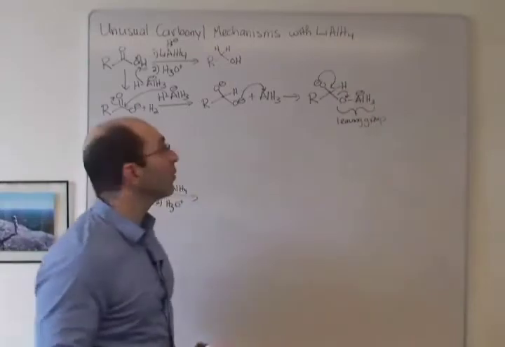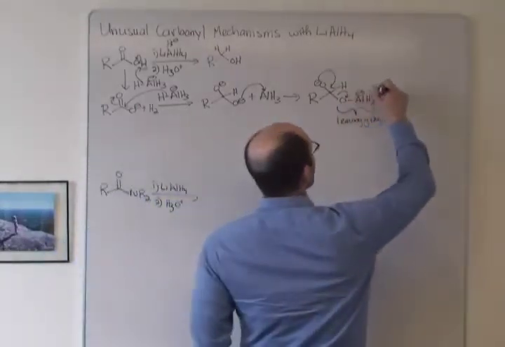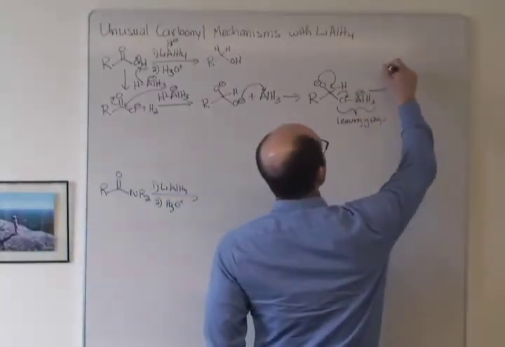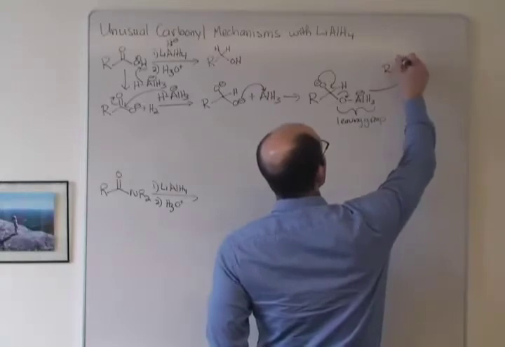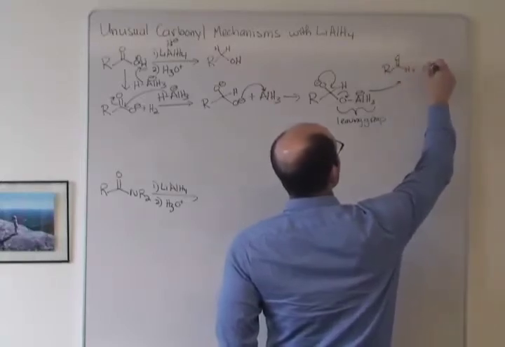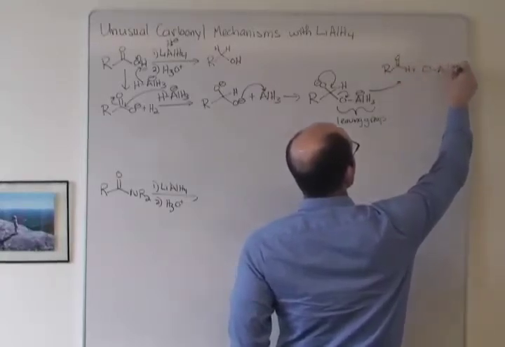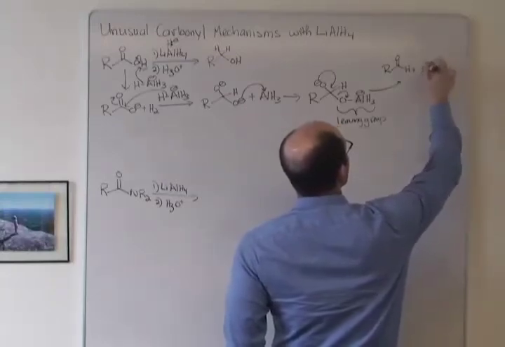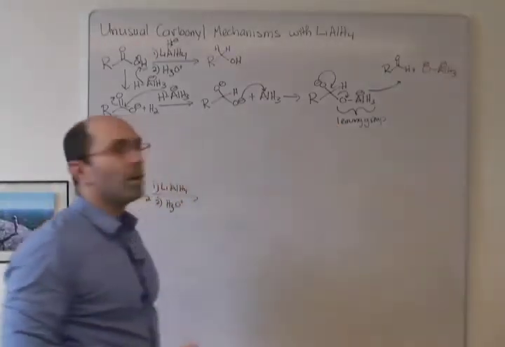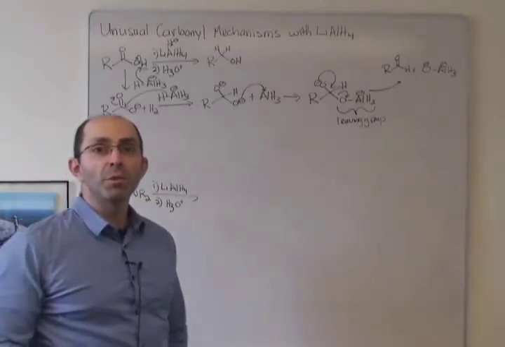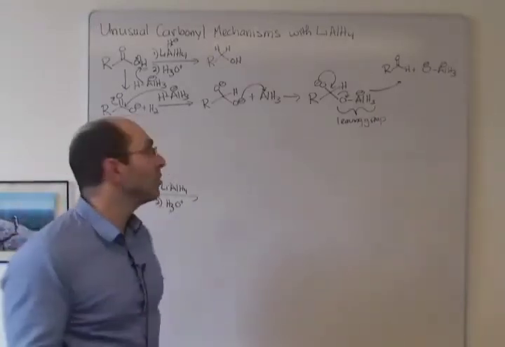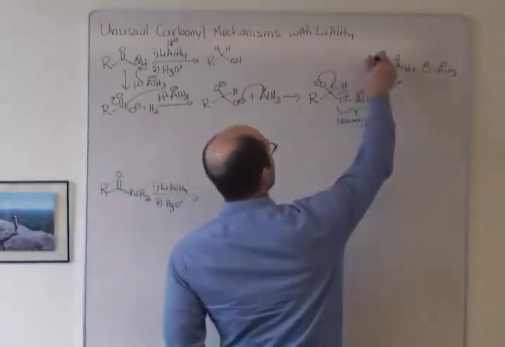So we can have the leaving group leave. And we generate an aldehyde. Once we generate an aldehyde, we can then do a lithium aluminum hydride addition again.